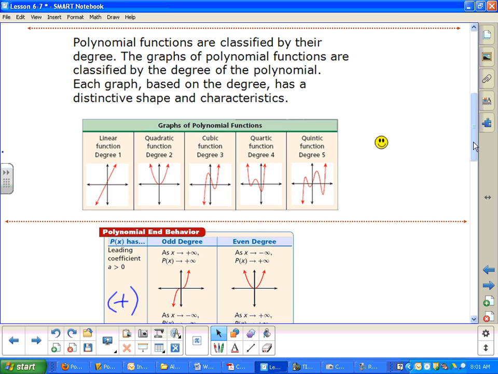What do you notice about those three graphs? As we go farther and farther left and right, what do you notice about those three graphs? Anything specifically?